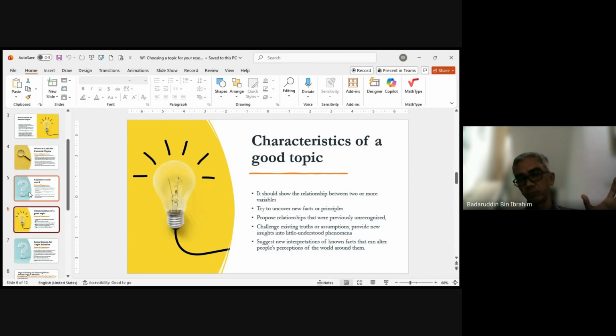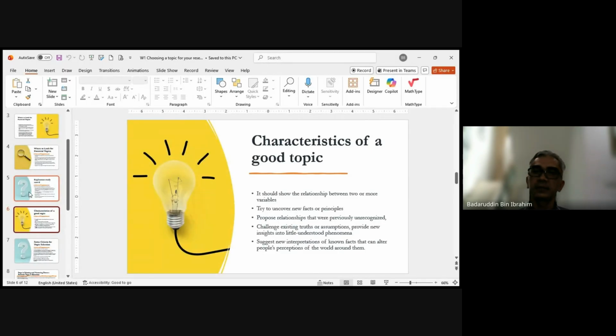This is term definition. You must understand the difference between topics and title. In topics, like I mentioned early on, I'm using again the same example, online learning. So the topic is about online learning. So what do I want to study about online learning?